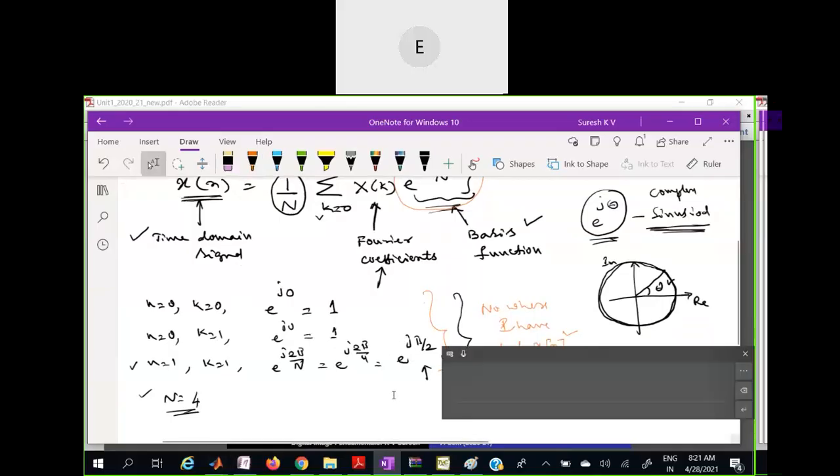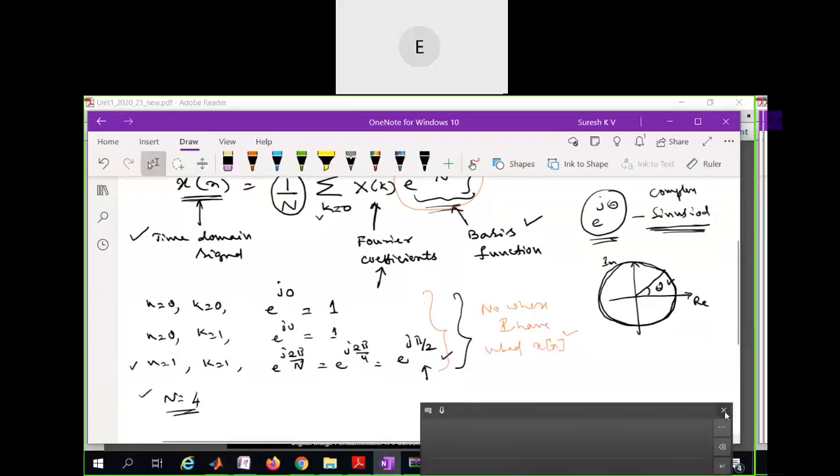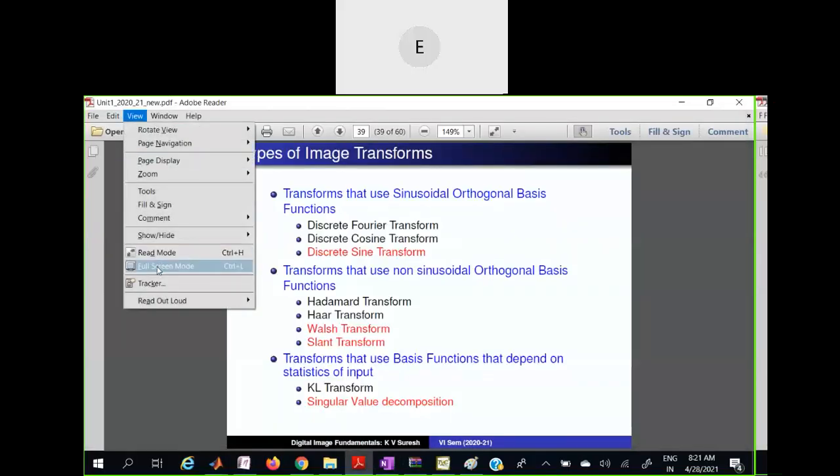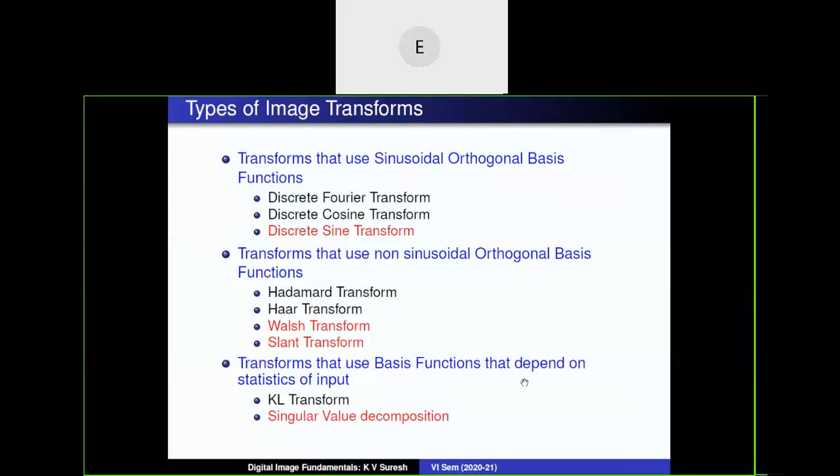Whereas there is another special category of transforms where it uses some statistics of the input. That means it uses probably the mean of the input, the variance in the data. Such transforms have a disadvantage because every time my signal changes, I need to calculate the basis functions.